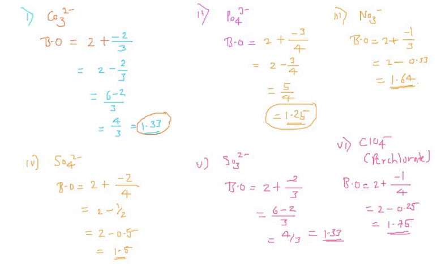I can just draw the structure so that you'll understand in a better way. This is Cl double bond O, single bond O. These oxygens are having negative charge. This is the mistake. Only one oxygen atom is having a negative charge, the rest all are having double bonds.